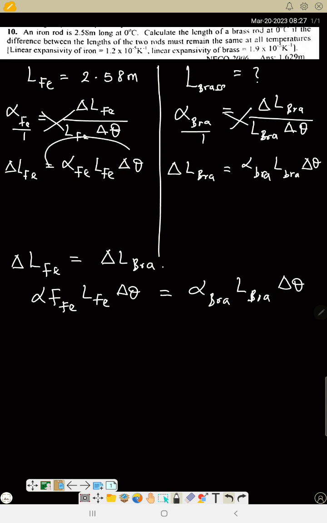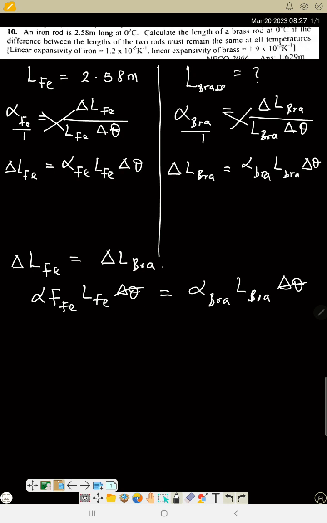So this will be equal to this, according to the question. Now we know that theta will go because it's the same.